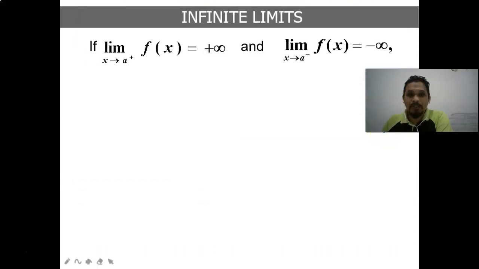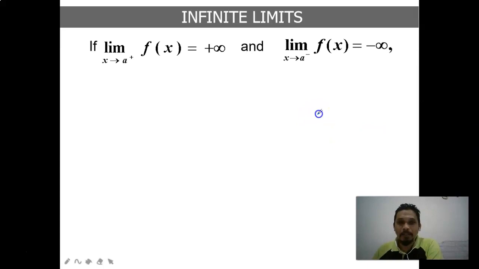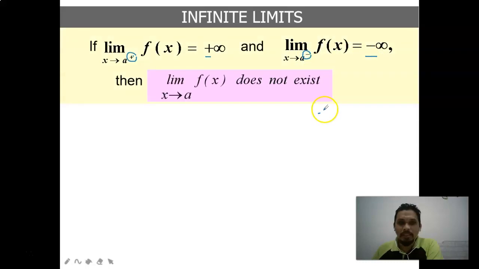So that infinite limit: if the limit of the function f(x) as x approaches a from the right side equals positive infinity, and the limit as x approaches a from the left is negative infinity, then the limit does not exist.